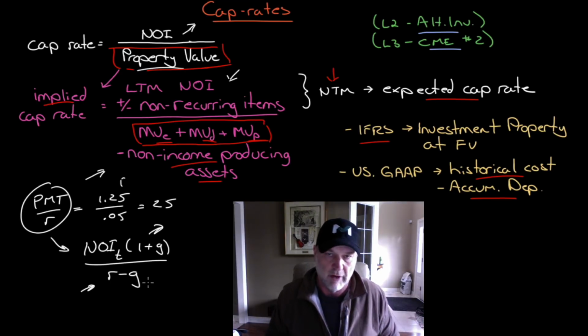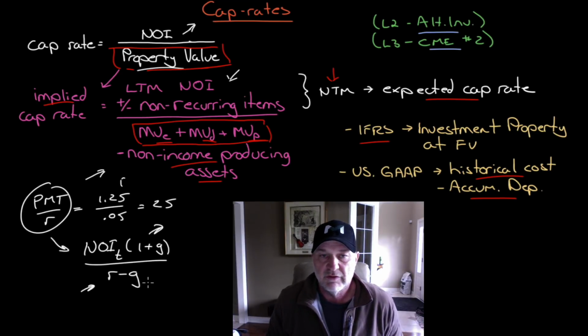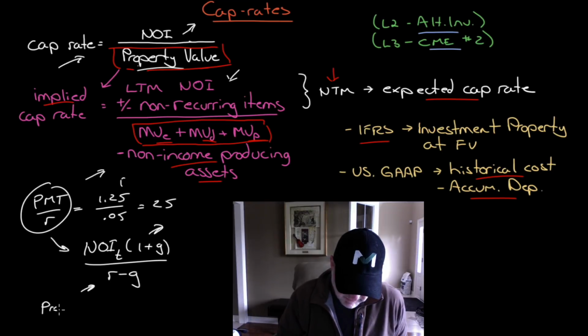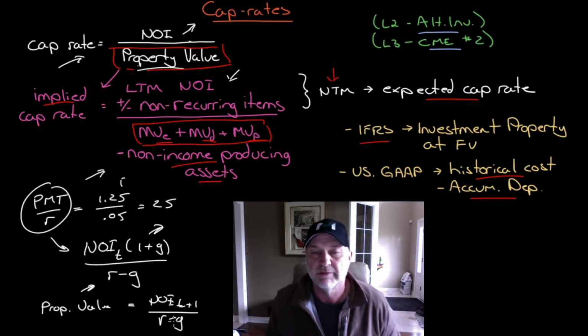That's a Gordon growth model. And if we were going to restate this in terms of property value, our property value is going to be our net operating income in the next period, T plus 1, divided by R minus G. It's a growing perpetuity.